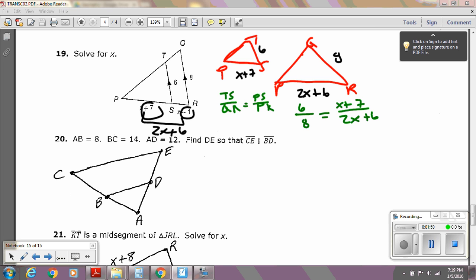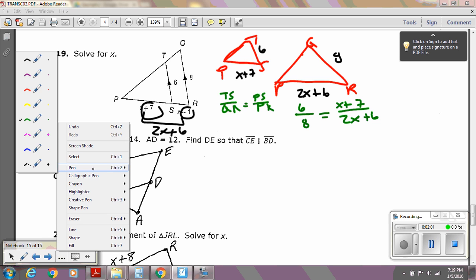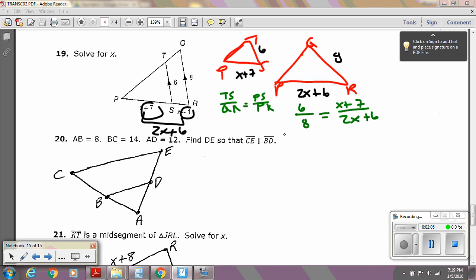So now we cross multiply. You would have 6 times 2x plus 6 is equal to 8 times x plus 7.